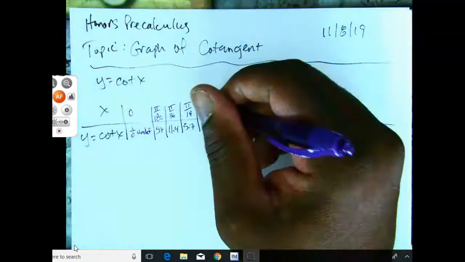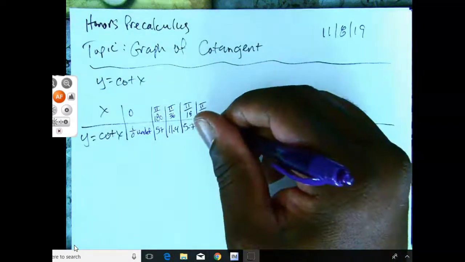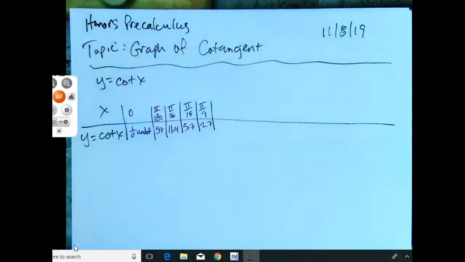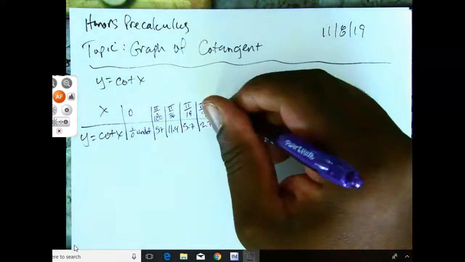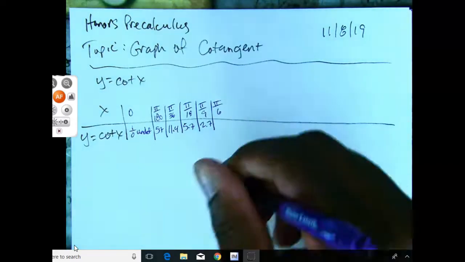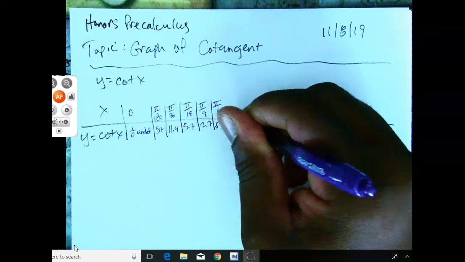When x is pi over 9, we end up with about 2.7. At pi over 6, and that's one of the values from our unit circle, cotangent of pi over 6 is square root of 3, which is roughly 1.7.